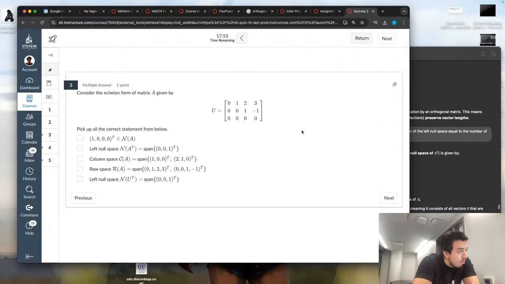We're going to do this row minus that row times 2.